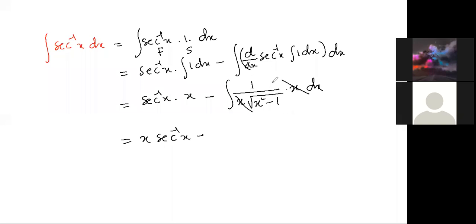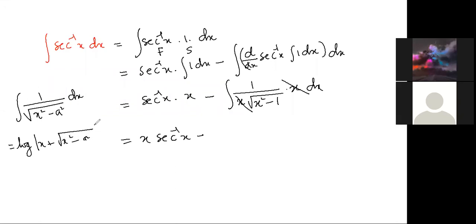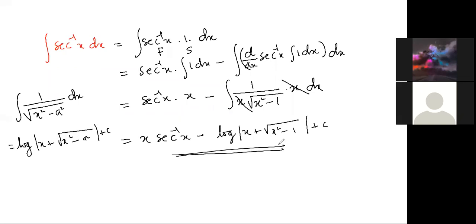Now, how do you integrate 1 upon root of x square minus 1? Anybody knows? Do you remember such a formula? Log of x plus root of x square minus a square, plus c. So this directly is log of x plus root of x square minus 1. Yes, you have revised the formula. Good.